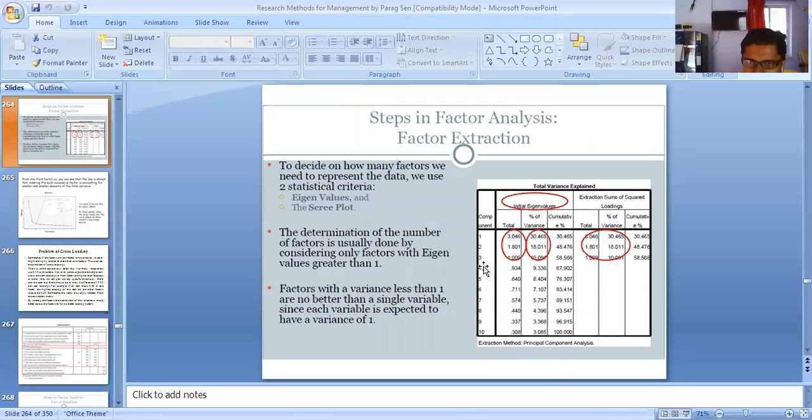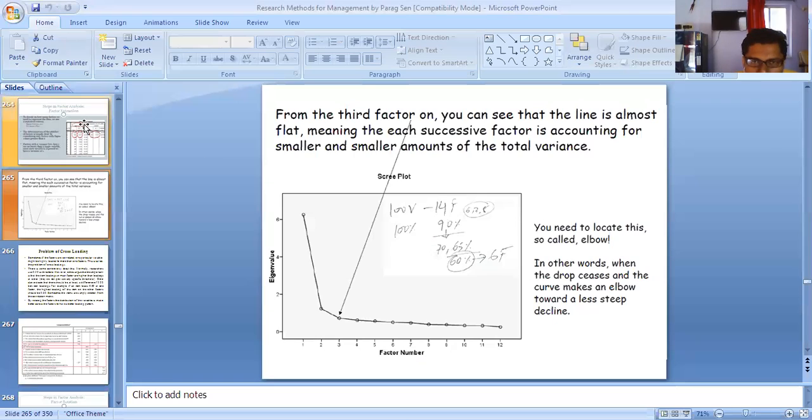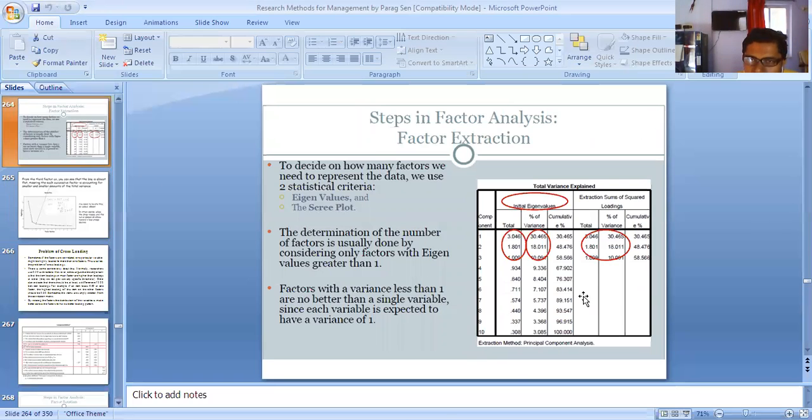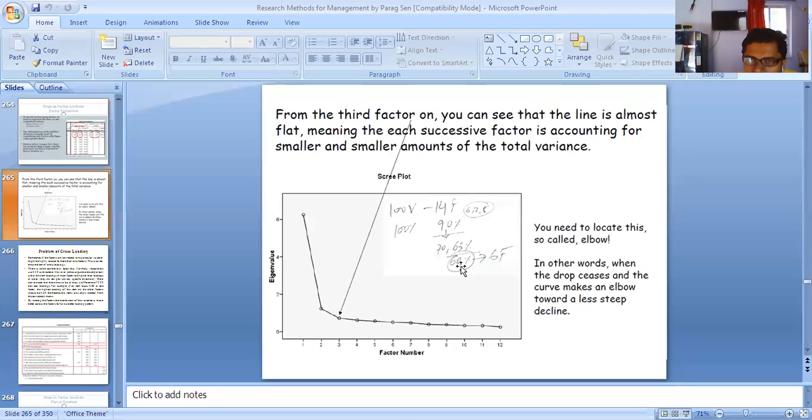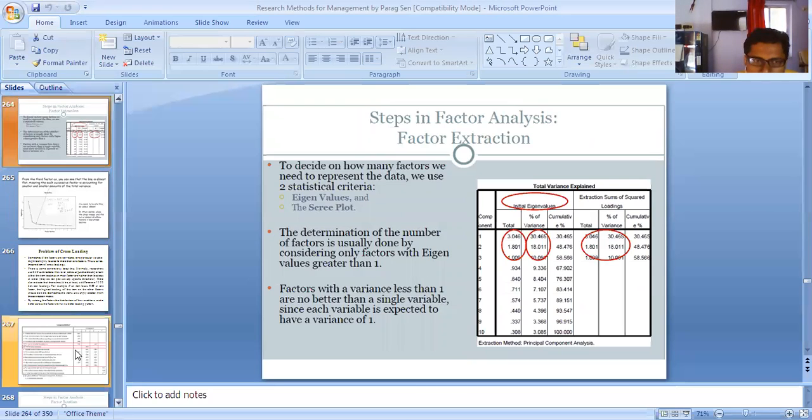This graph is nothing but the plot or the figure for this table. So only those values you will be considering.